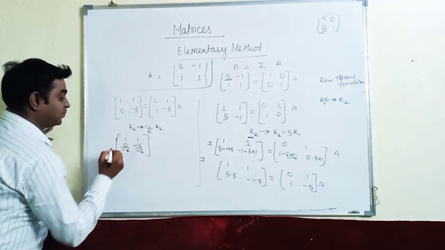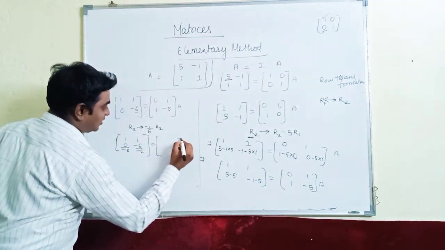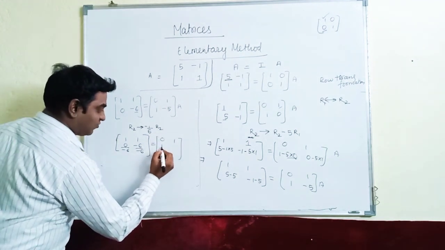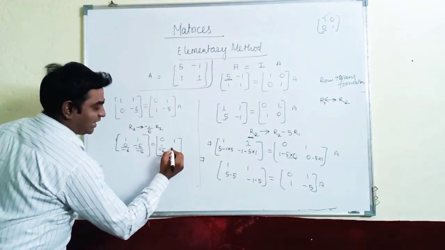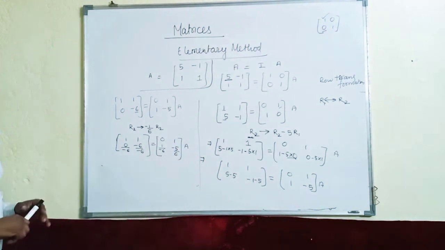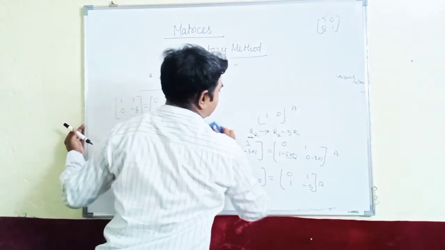This is the value. Here, as I told, the effect will be here only. The effect will go 0, 1. Here 1 by minus 6 and minus 5 by 6 will be here. This is A only. My board is not large, so I have to write this.